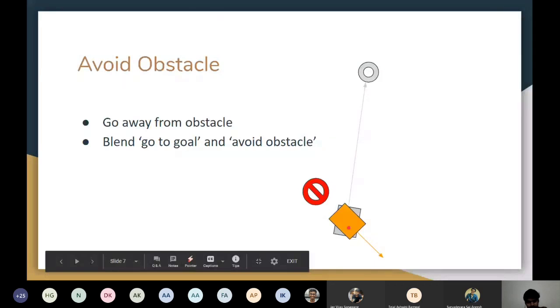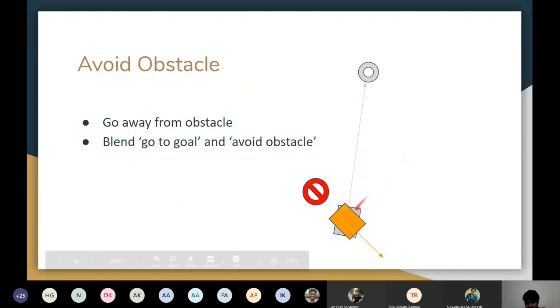So we'll try to blend the behaviors, that is avoid obstacle and go to goal. I'll call this behavior avoid obstacle and this go to goal. We'll try to blend these two using some values, like some ratios or something that you can work upon using the dimensions of the bot, and how exactly that will come into tuning of parameters.